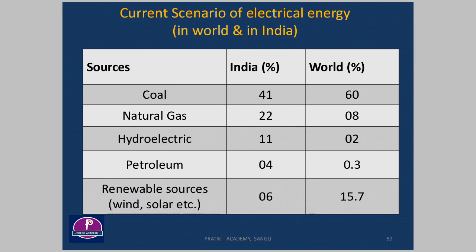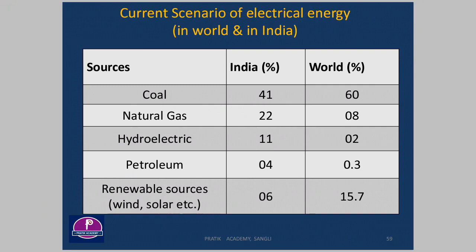If you consider renewable sources, that is green sources like wind and solar, that we have discussed in green energy sources, in India we have just 6%, but in the world 15.7% of power is generated from these renewable or green energy sources.